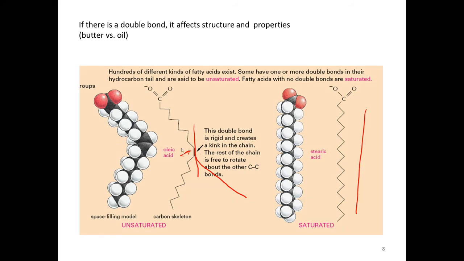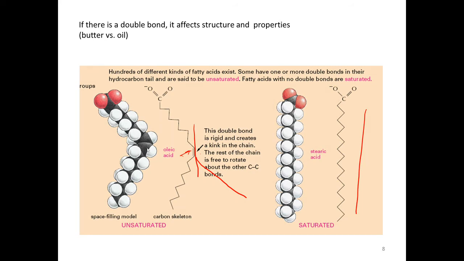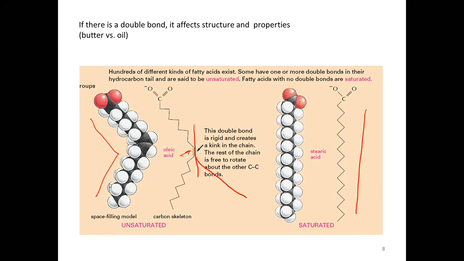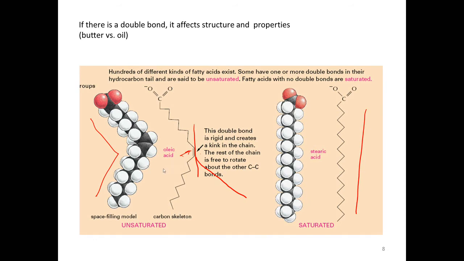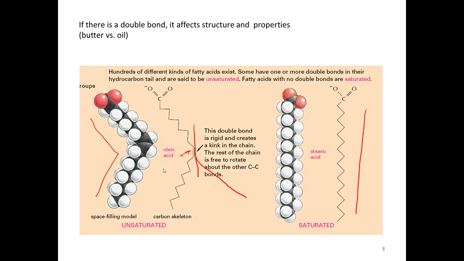But when we look at the space-filling models, we notice that a real large geometric consequence of that double bond is the overall shape of the chain. The unsaturation makes it highly kinked, and if you can imagine, we're not going to be able to pack as many fatty acids as closely in a defined space.